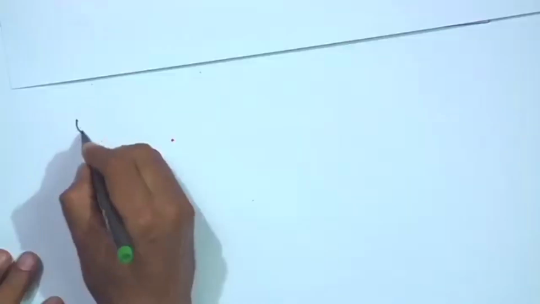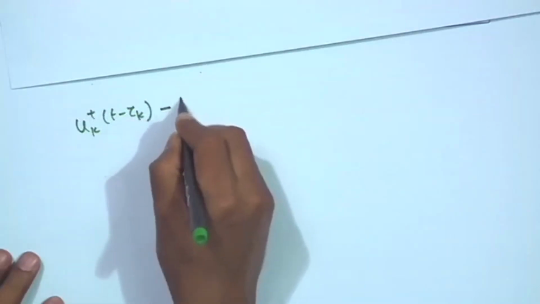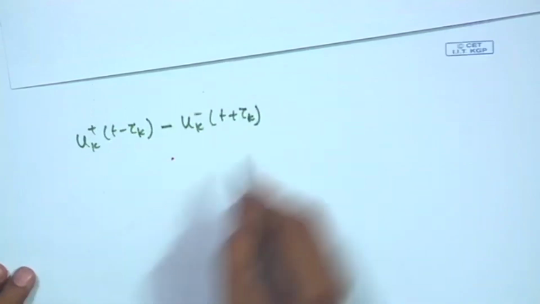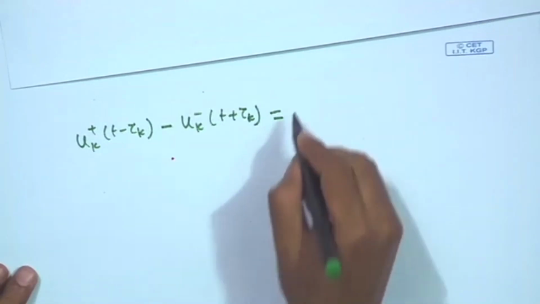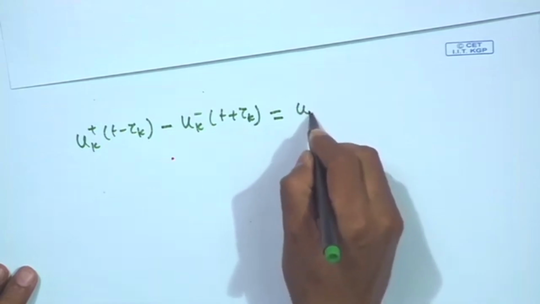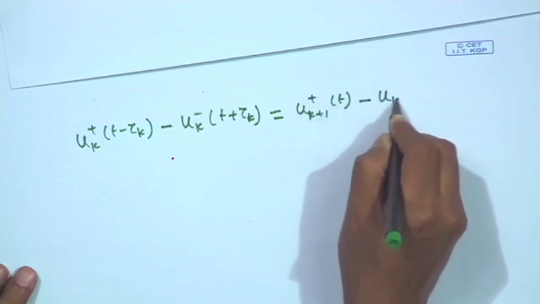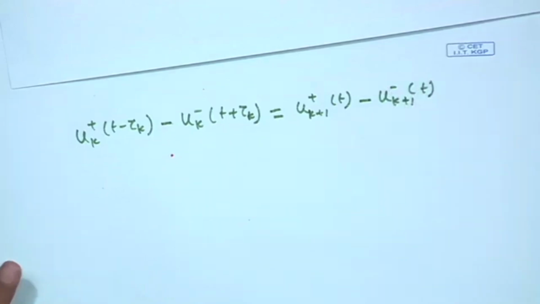So, I can say the kth tube output volume velocity is u k plus t minus tau k minus u k minus t plus tau k, which is equal to the volume velocity input of the k plus 1 tube. So, it is nothing but u k plus 1 plus t minus u k plus 1 minus t. Is okay or not?